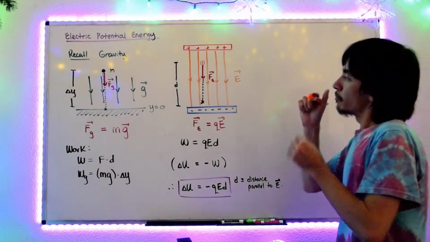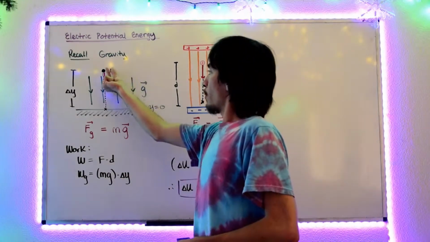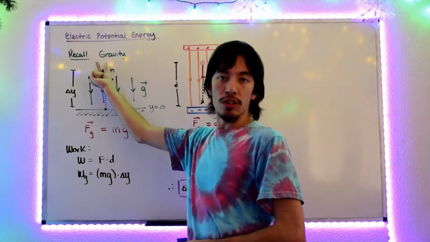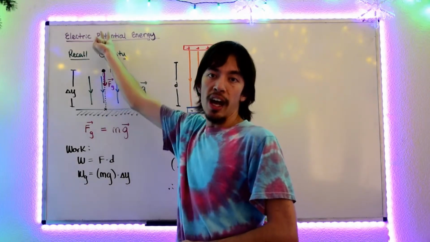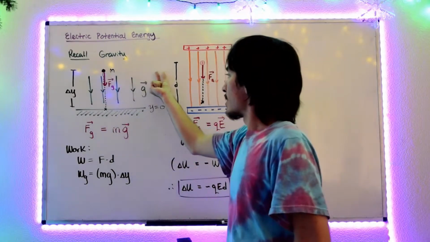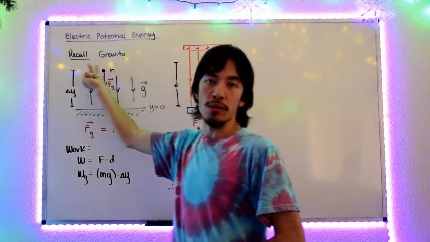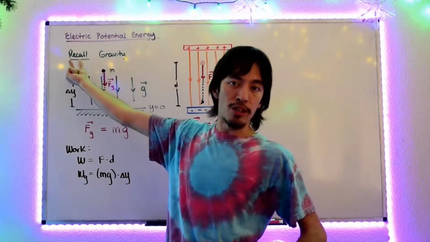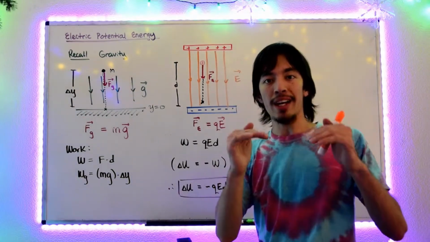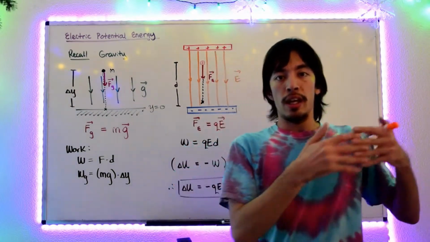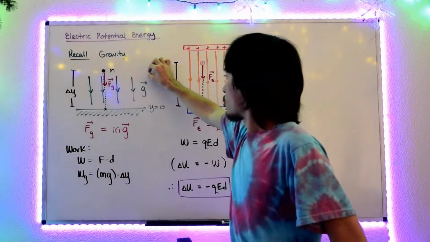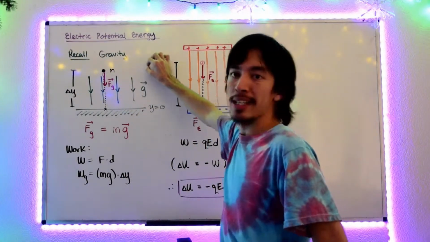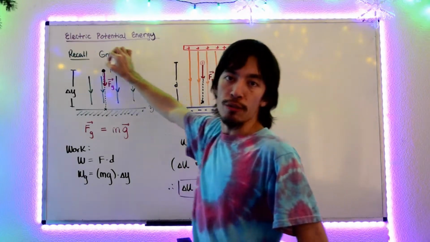If I were to take the mass in a gravitational field and not move it up or down to change its height, but move it side to side parallel to the ground, it wouldn't change its potential energy because it's the same height off the ground in either situation. So there is no change in potential energy if you slide it perpendicular to the gravitational field.